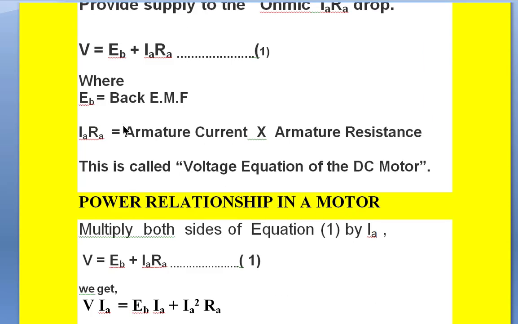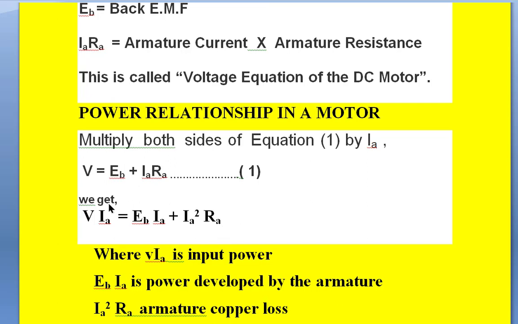Suppose this equation is multiplied on both sides by the armature current, then the equation becomes V into Ia is equal to EB into Ia plus Ia square into RA.